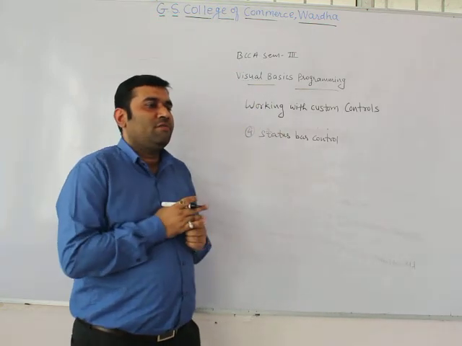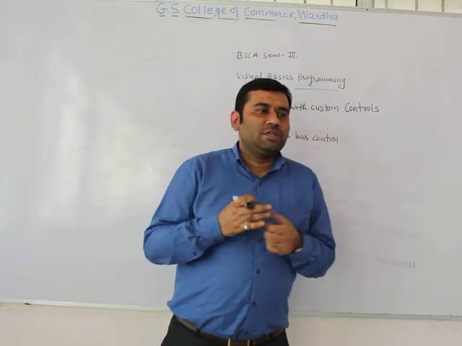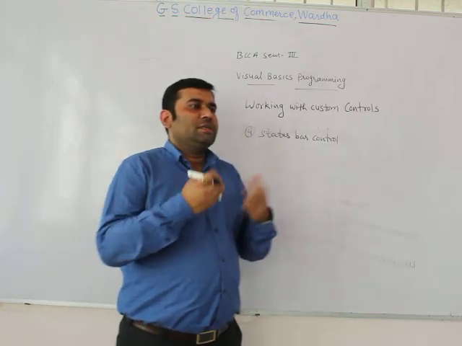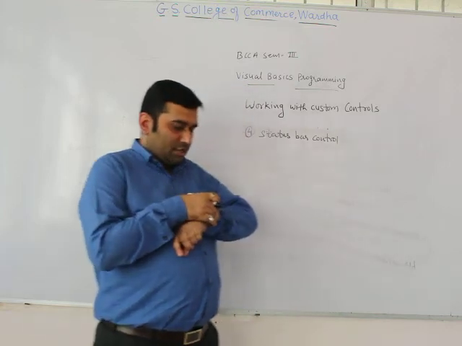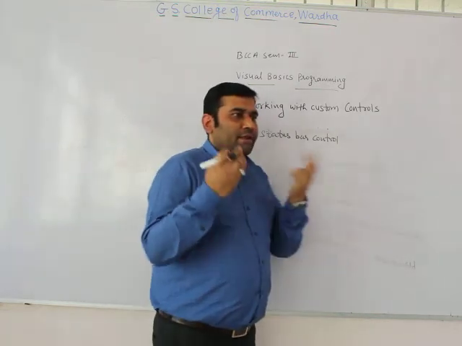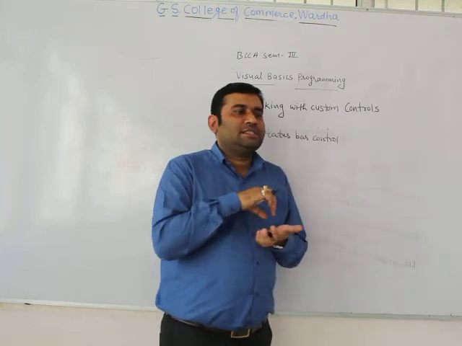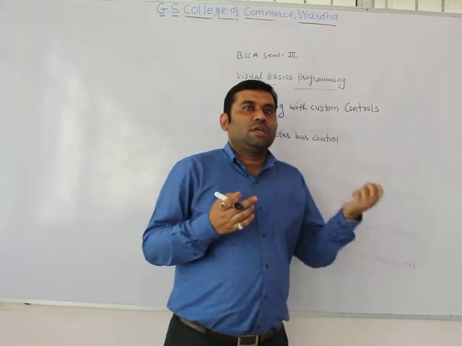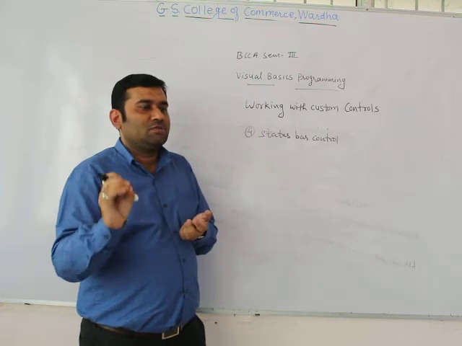In Microsoft Word, the status bar displays the current page number on which the user is currently working as well as the total number of pages in the document. The steps to use the status bar control: place the status bar on the form. Status bar is available in the toolbox. Click on the toolbox, select the status bar control and place it on the form.